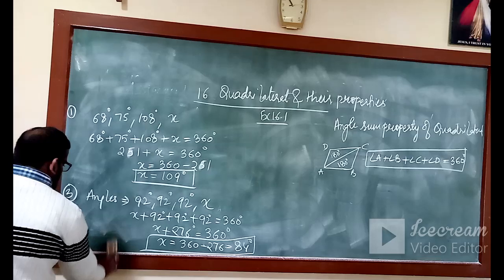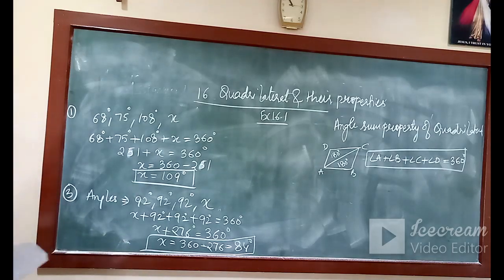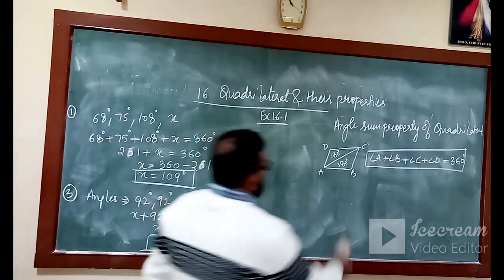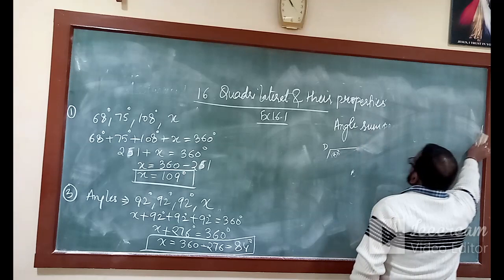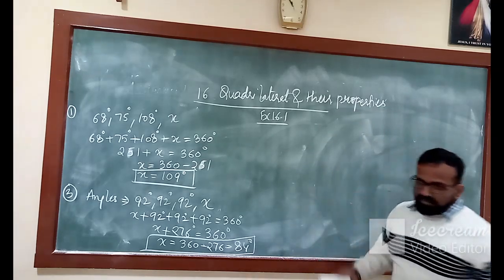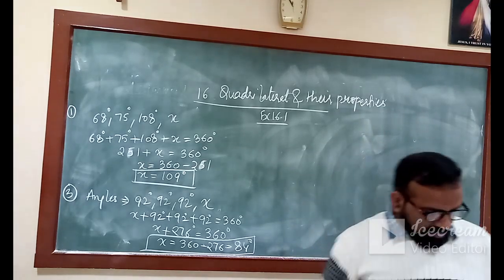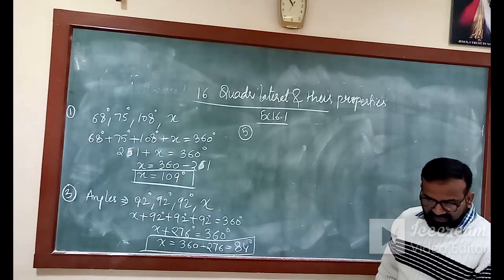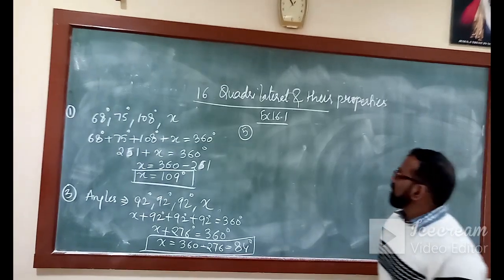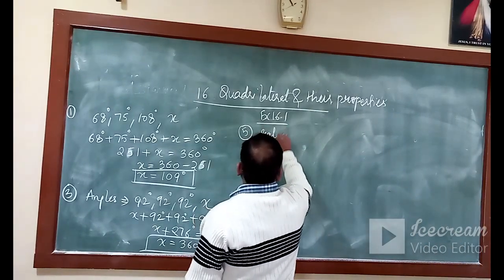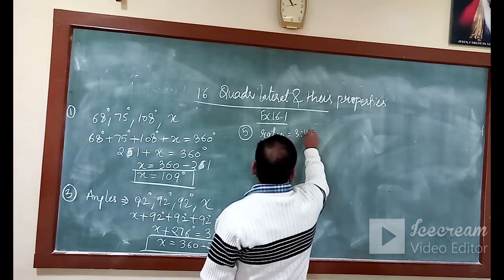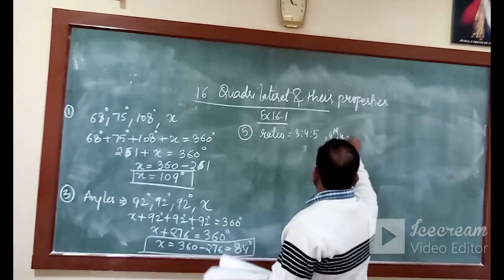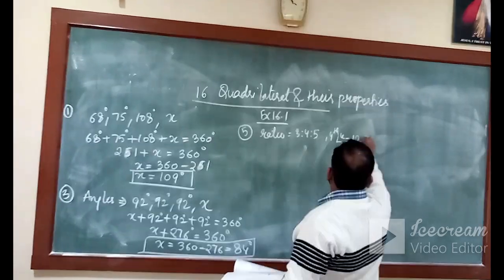Then the questions related to, suppose the angles are given in terms of ratios, like in question number 4 and 5. Okay, so in question number 5, three angles of a quadrilateral are in the ratio 3 is to 4 is to 5, the ratio is given, and the fourth angle is 120 degrees.